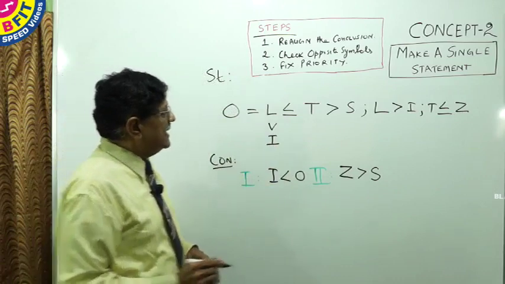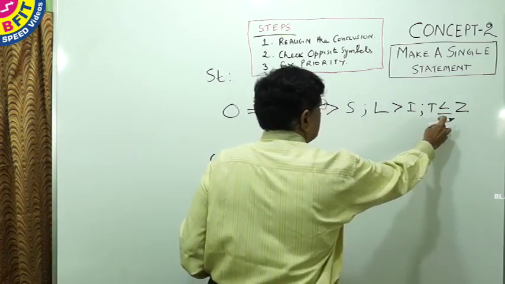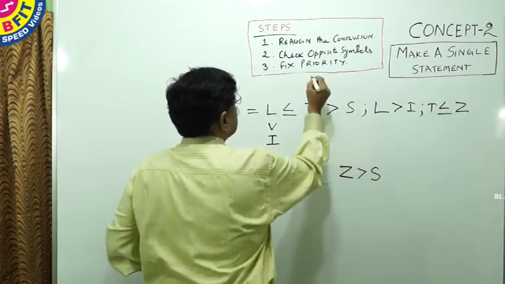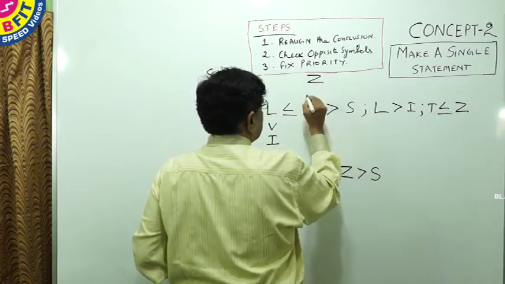The next is T is less than or equal to Z. T is here, so Z we will write above.